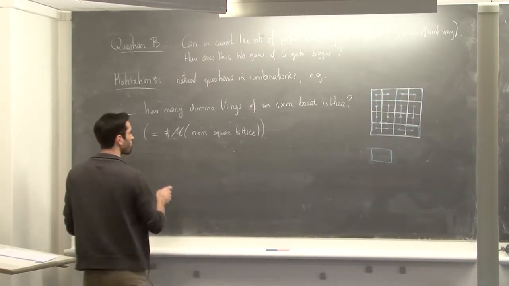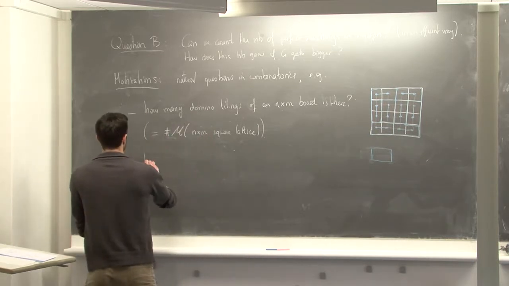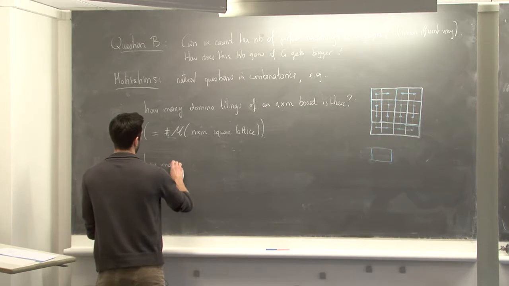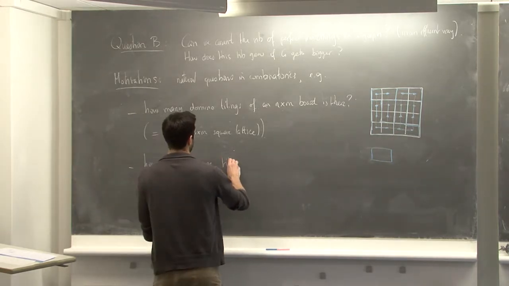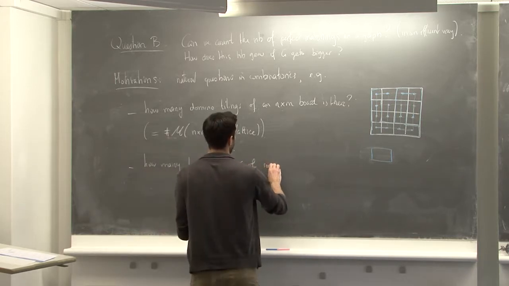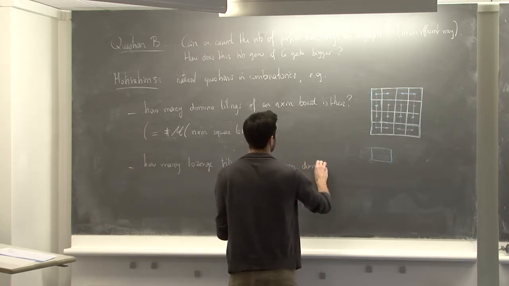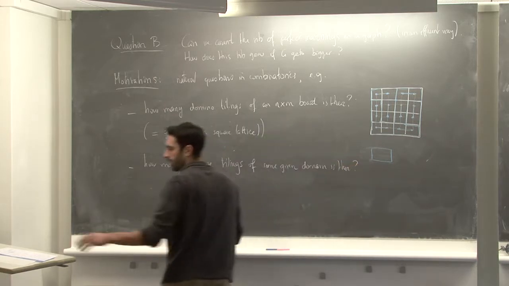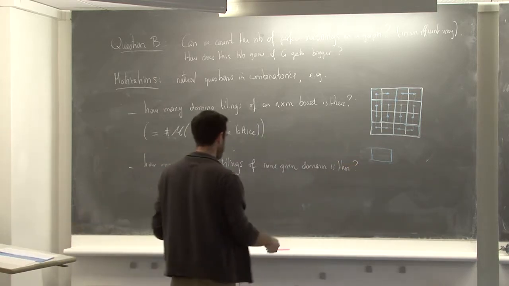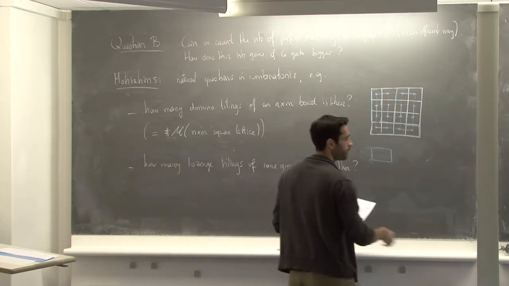Okay, but this is of course just one example, but you can do the same for example, how many lozenge tilings of some given shape, of some given domain there are. I'll try to make a drawing, so maybe I will do it here.